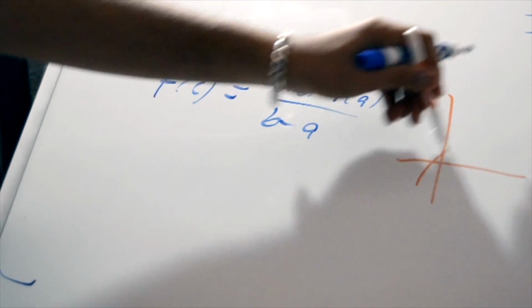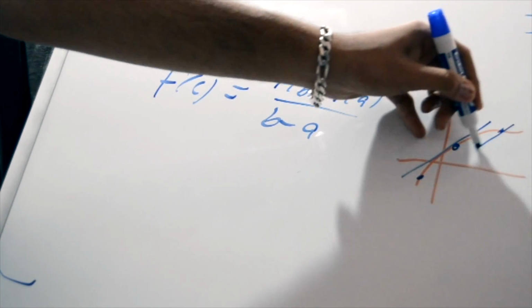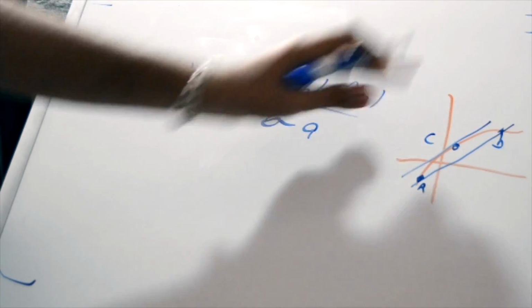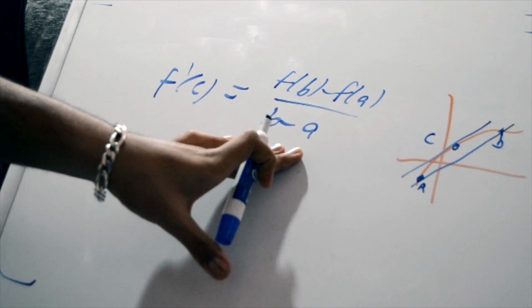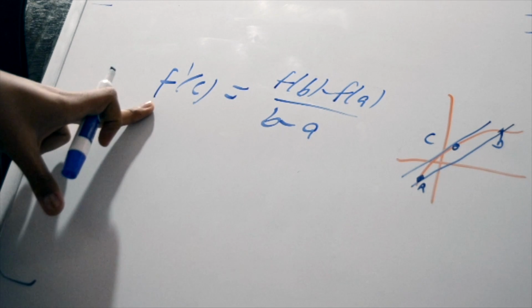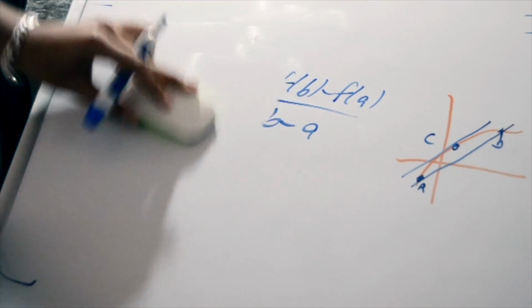If you have a curve, and you have C here, which is going to be parallel to the secant line right there, we'll call that A, we'll call that B, we'll call that C. That line is going to be parallel to that. That's why this is a secant line. The secant line crosses the curve twice. The slope of this line is the tangent line. That's why it only hits the curve once, and we're finding the value C. You usually have to do this for free response questions. That's called the mean value theorem.